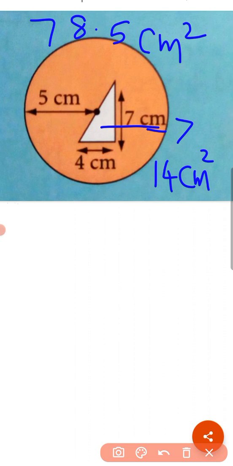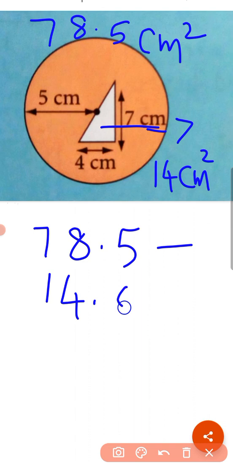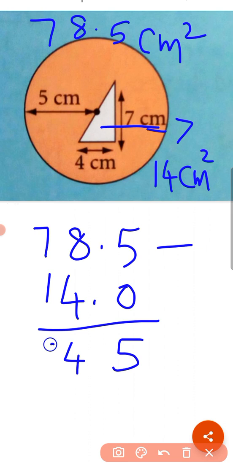Subtract 14 from 78.5. 78.5 is the larger geometrical shape, that is the circle. 78.5 minus 14 is equal to 64.5 centimeter square.